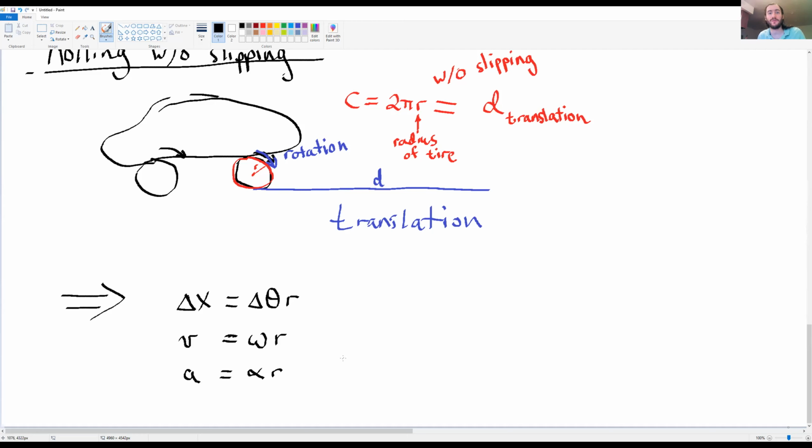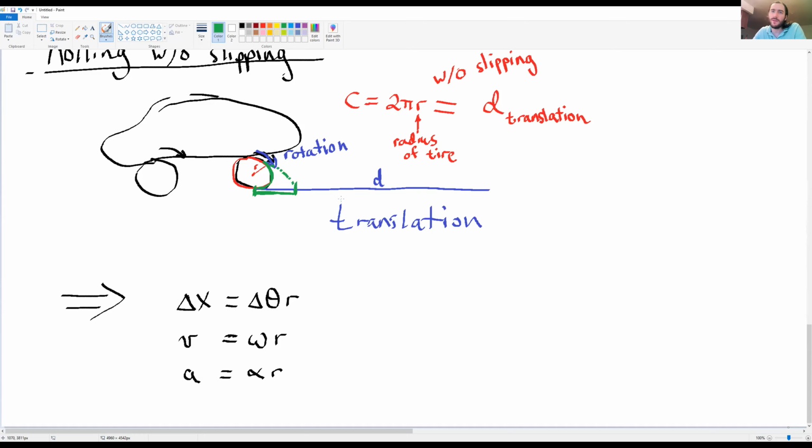Again, this has to do with the fact that if you're rolling without slipping, then the length around your tire has to be equal to the length that you travel in that direction. So if I travel this much distance, then I must have had my tire roll through an amount of distance, which when I unravel it is exactly equal to this distance here.